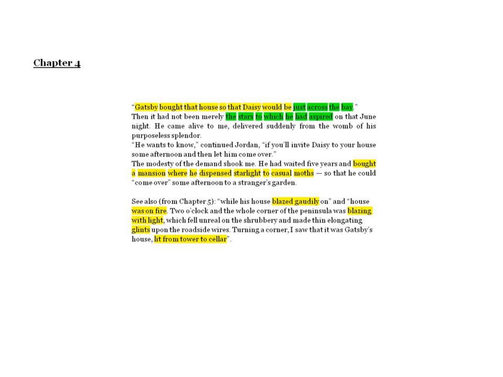We get this bit here, on that note, then it had not been merely the stars to which he had aspired on that June night. Again, capture stars, capture heat and light. They appear extremely close because you can see them, but again, I'm not brilliant at astrophysics. The stars we see are actually an enormous distance away.